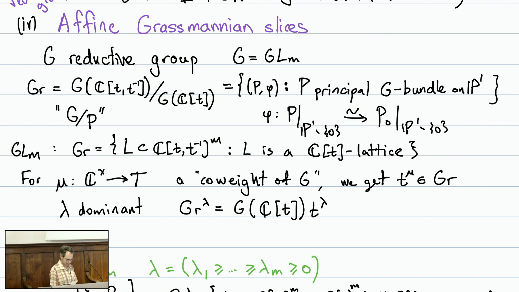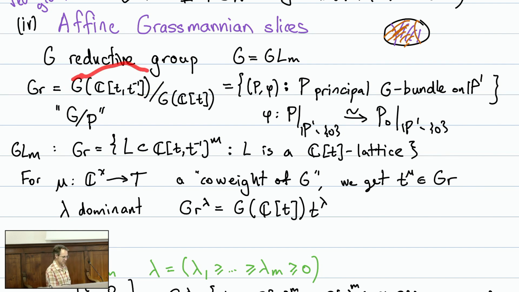If I picture my P1 like so, and I have my bundle trivialized over there, then if I pick a second trivialization of my bundle on the other half of the P1, I now have two trivializations on C star. I can compare my two trivializations on C star. Comparing the two trivializations on C star gives me an element of this group.